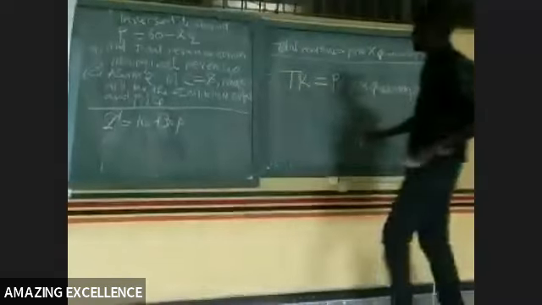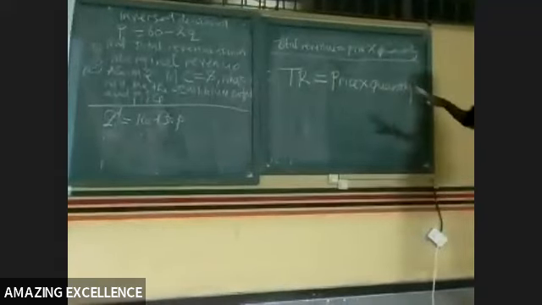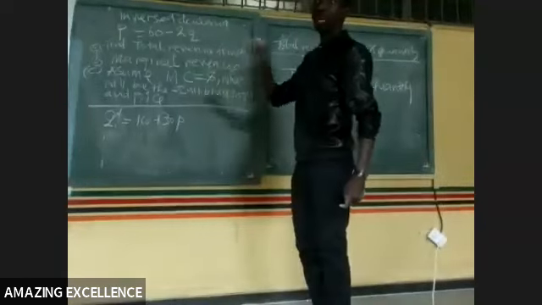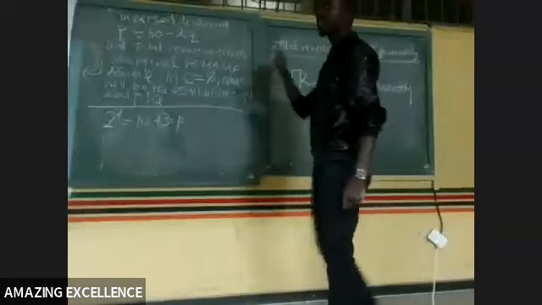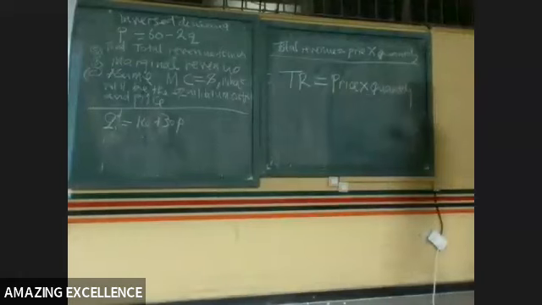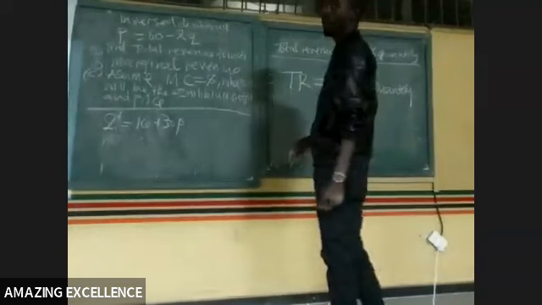Since we have said that the total revenue, because the question is asking us to find the function for total revenue, isn't it? Question number one wants us to find the total revenue function, given the inverse demand function. And we know that the total revenue function is price times quantity.